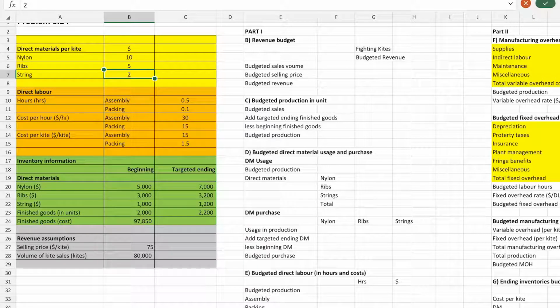It is important because you are going to use the reference cell. You are not going to input any figures in the budget, but you will refer to the cells in the initial input data. So in case later on you change any assumption or initial data, you just need to change it in one place, and then automatically all the figures in the budget will be changed.